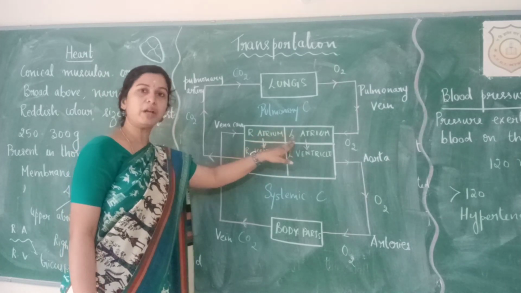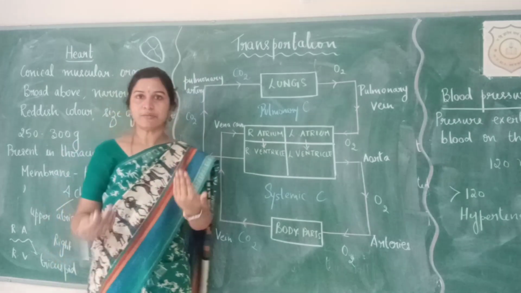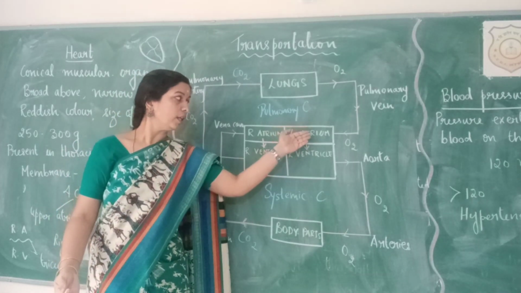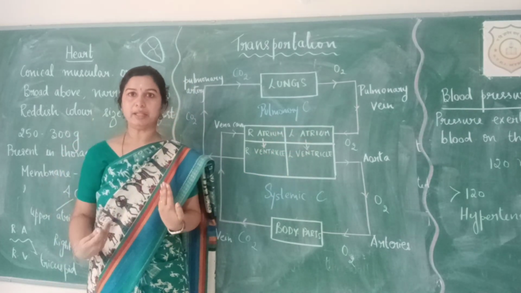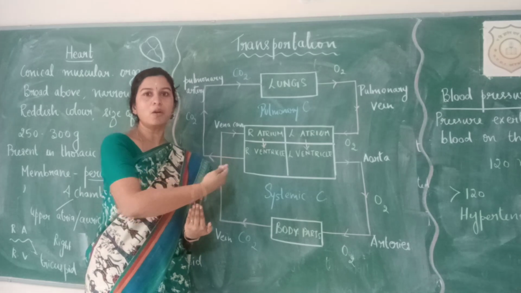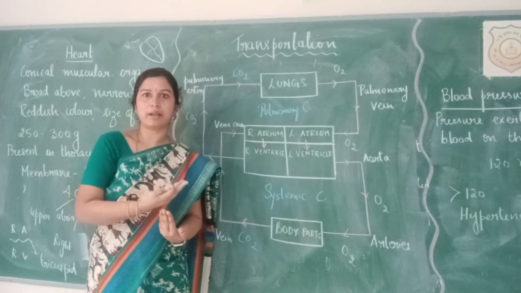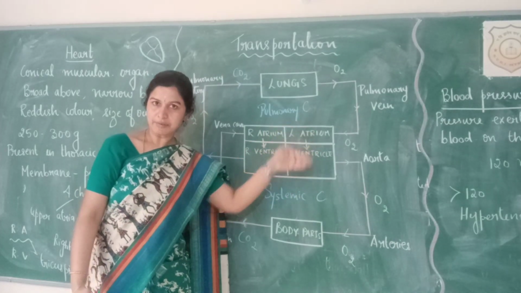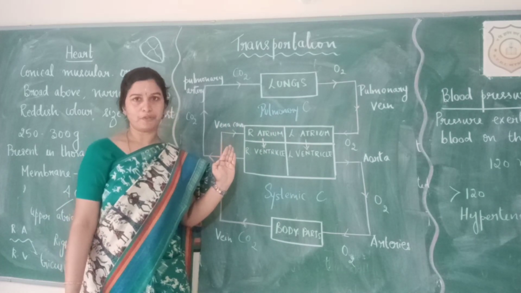Upper two chambers, lower two chambers, and just imagine when you are standing, if I am standing in front of you, this will be the left side and this will be the right side. So when I am drawing, you have to draw it in the same way. Not like a mirror image, but the left side of the board will be the left side of your heart, and the right side where you draw will be the right side of your heart.